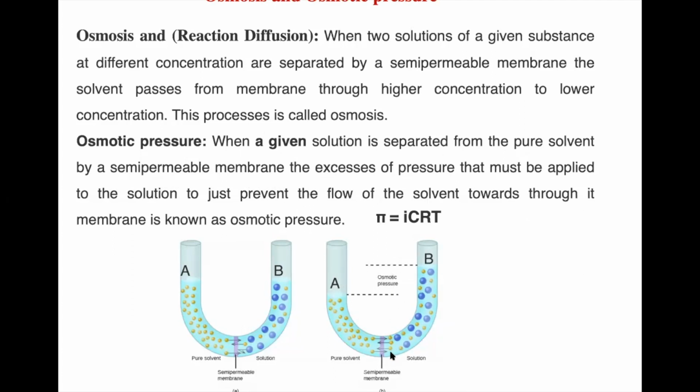Let me give another example of a semi-permeable membrane, to help you understand the membrane in a biological system. All of you know that the cells present in our body are the backbone of building life. In cells, there is a membrane present, and the function of that membrane is to protect the cell from the outside environment.